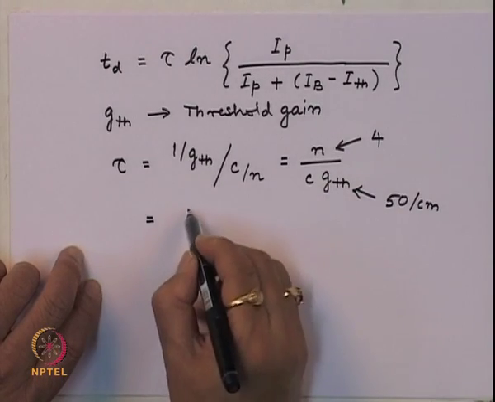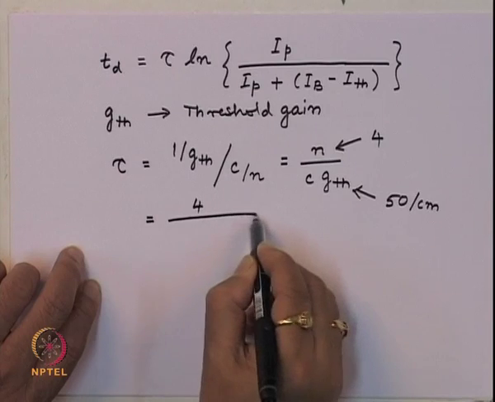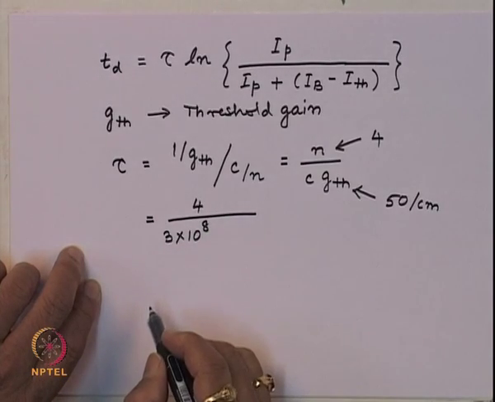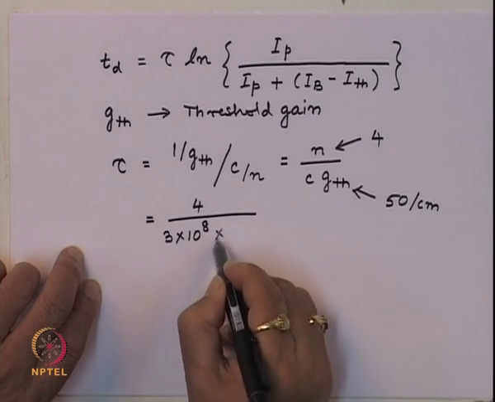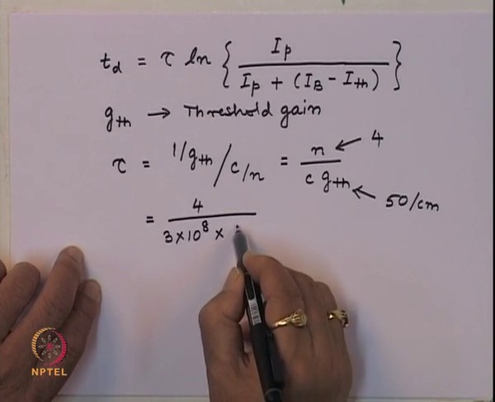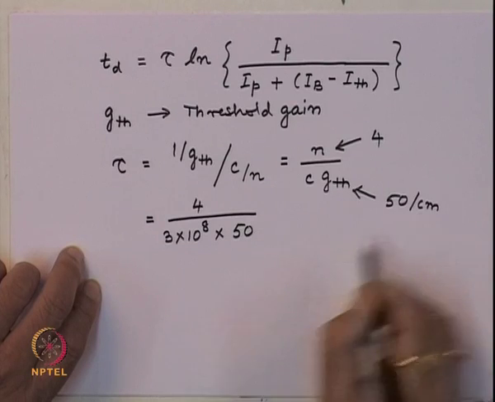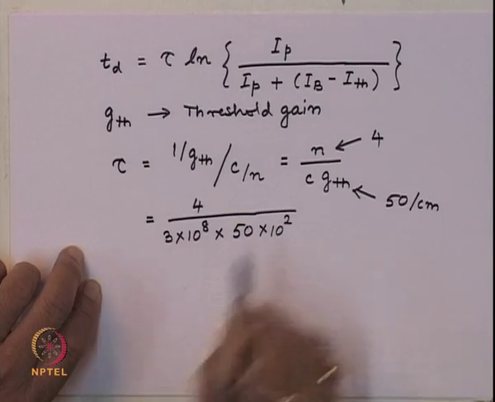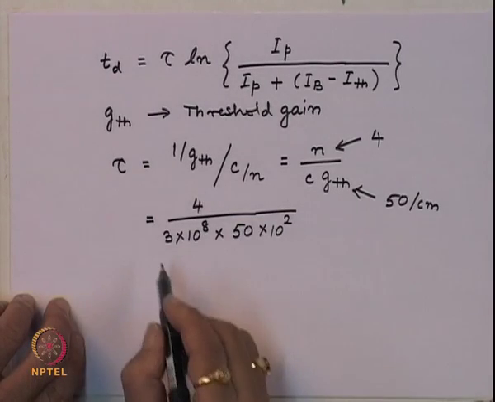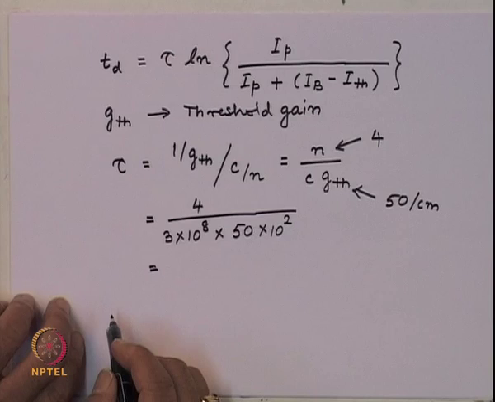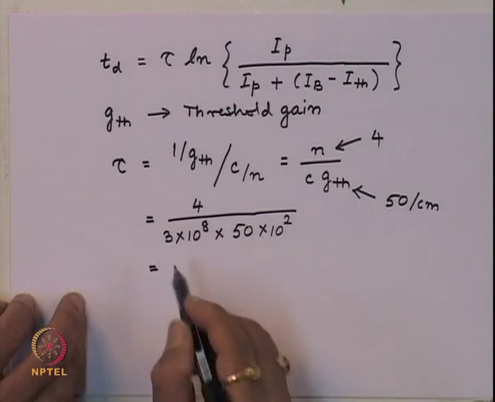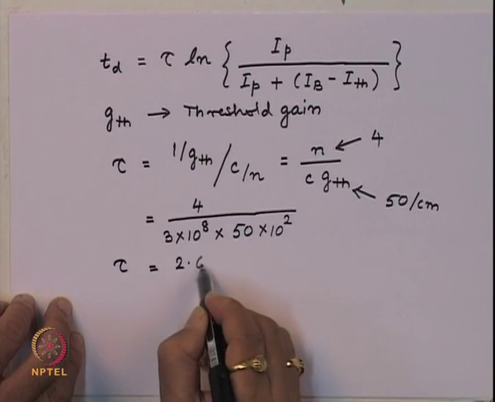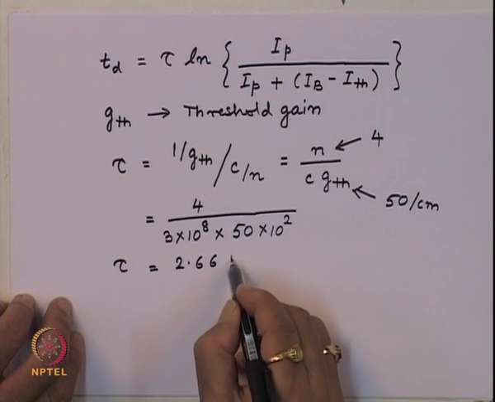So, we get 4 divided by 3 into 10 to the power 8 meters per second, multiplied by 50, which is given per centimeter, so 10 to the power 2. If you just solve this, we get tau, which is 2.66 picosecond.